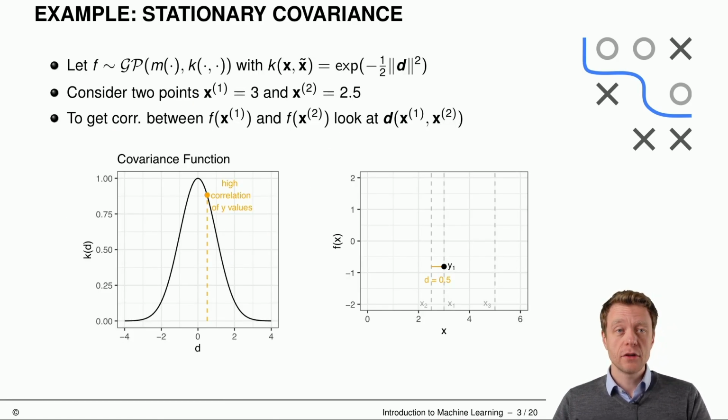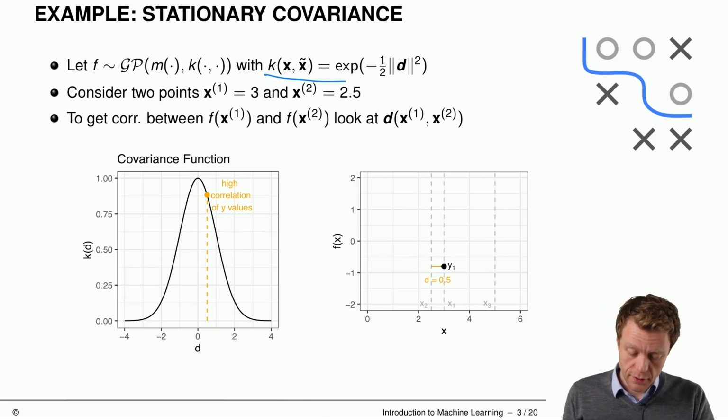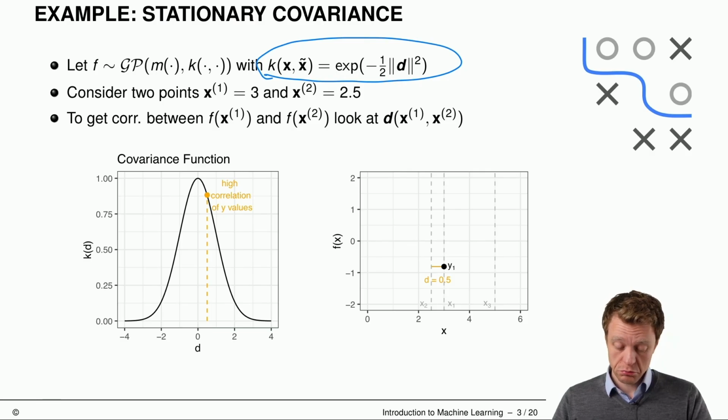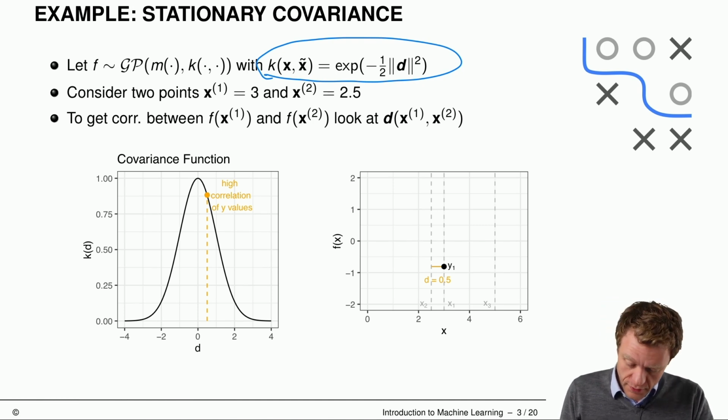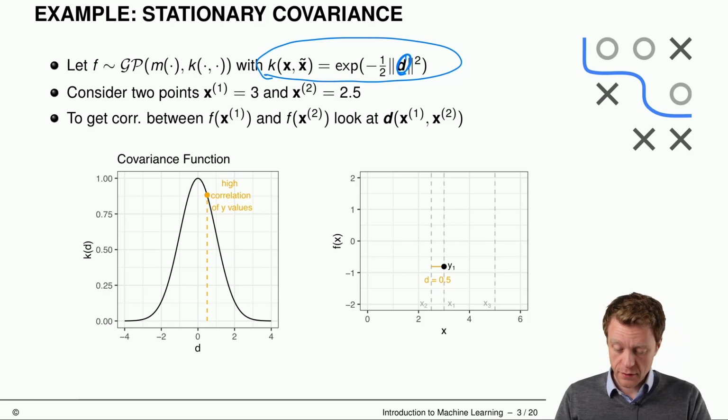Okay, let's have a look at this example here. We have a Gaussian process with this kernel function. We will see later what this kernel function is called. For now we just accept it as is, and as you can see it's clearly a function of d, right? So we have d in here and the x and x tilde only enter this formula via d.